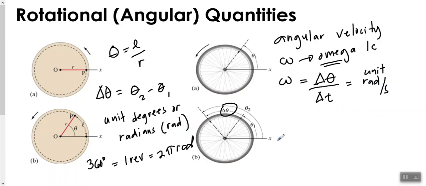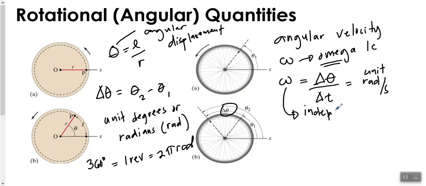Also take note, we could determine theta, the angular displacement or position. We notice here that the angular velocity is independent of the radius.